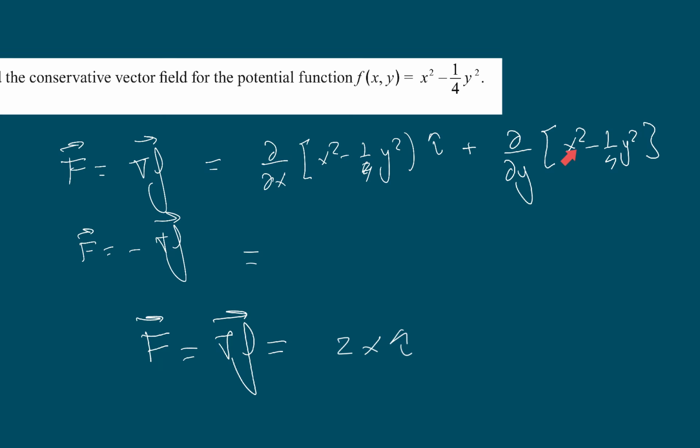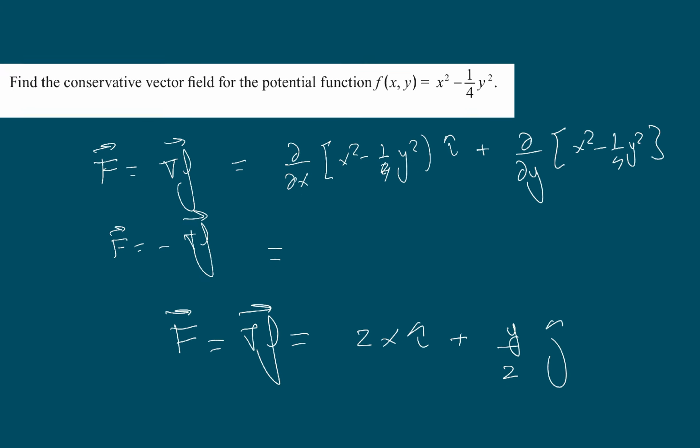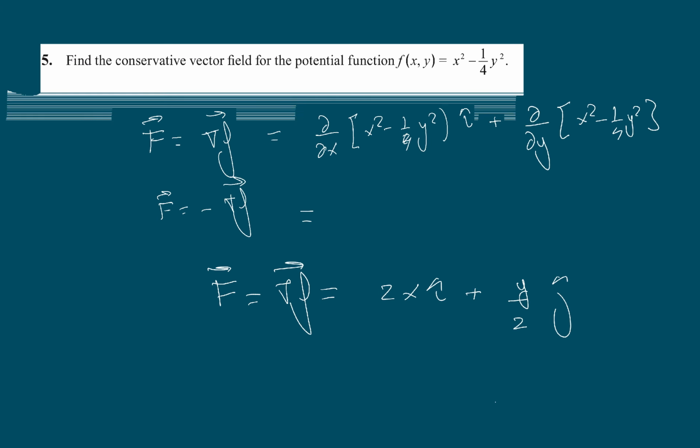Here I will take the partial with respect to y, this is 0. And here we will see 2 times 1/2 i plus y divided by 2 j. So this is the vector field that comes from the potential that we have now.